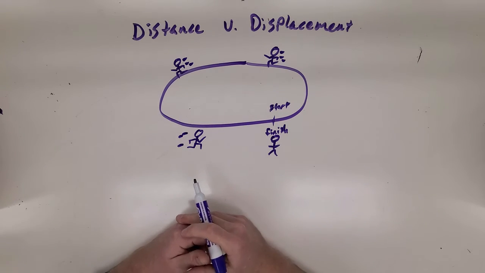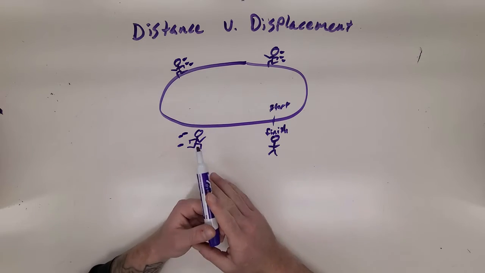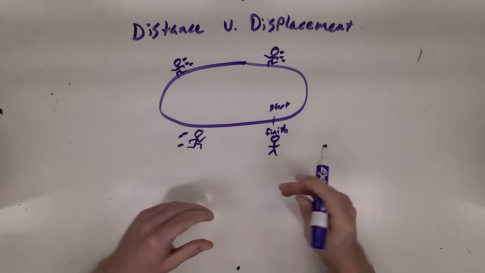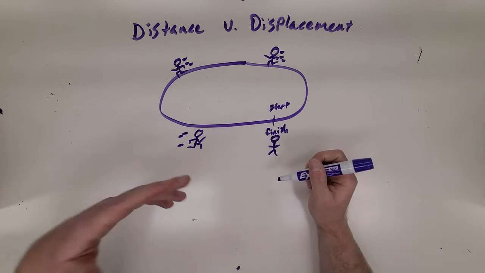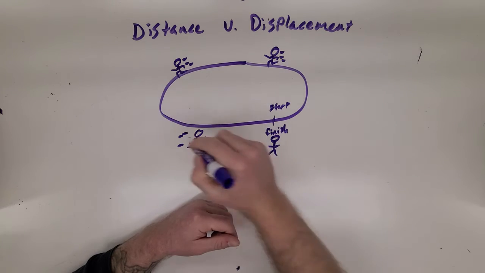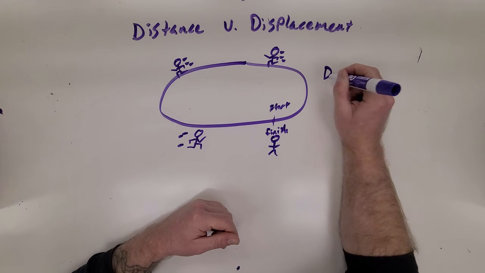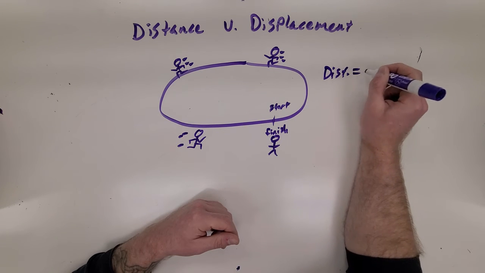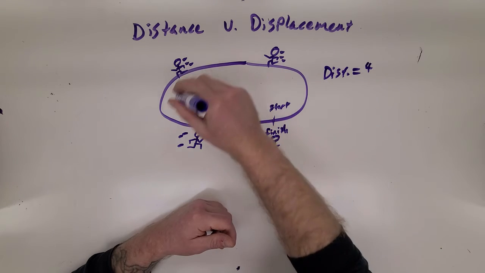Going with the track references when we're discussing distance versus displacement, we're just going to do a couple examples to break it down a little bit further. A person's running a lap around a track over at a local track and field place. The distance around this track is 400 meters. That is the total circumference of the track. So the distance this person would cover would be a total of 400 meters if he ran just one lap.